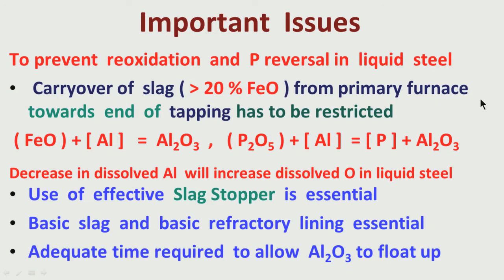Is this clear? Try to think over it, what is happening here. Towards the end of tapping from the primary furnace, when we are tapping liquid steel from the primary furnace to the ladle, there is a possibility of some slag getting carried over to the ladle.